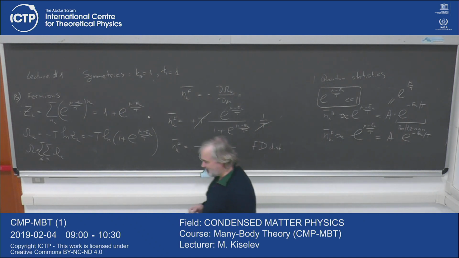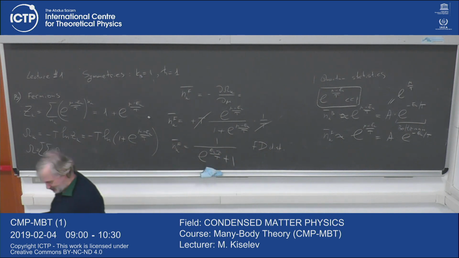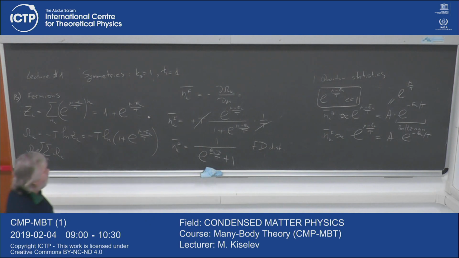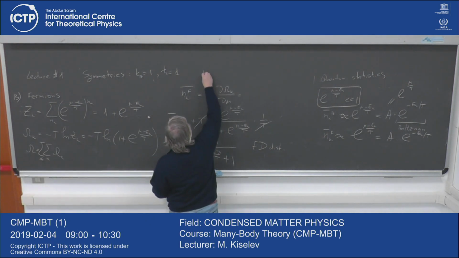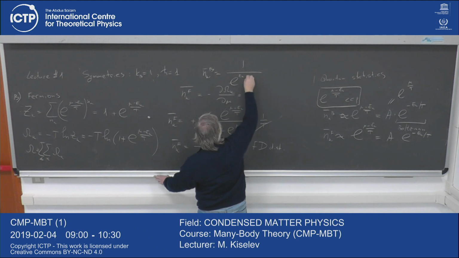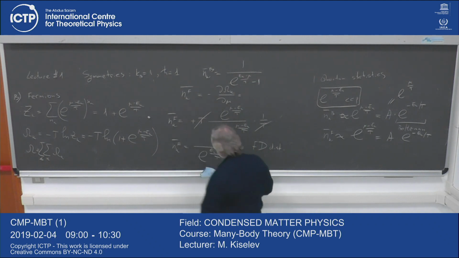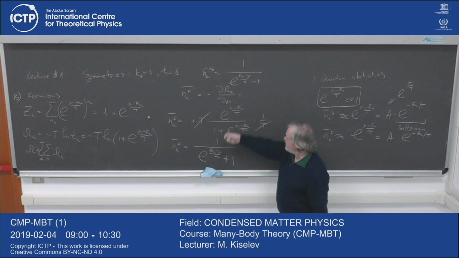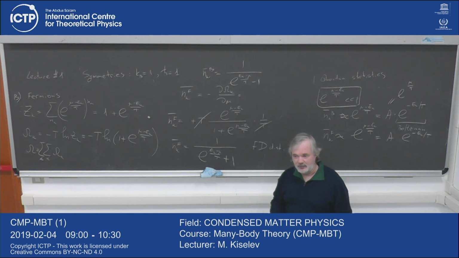However, now I'm suggesting one of the exercises. Exercise number 1. Let me write down here n_k Bose, which is 1 over e to the power (epsilon_k minus mu) over temperature minus 1. So I said there is a plus, there is a minus 1.